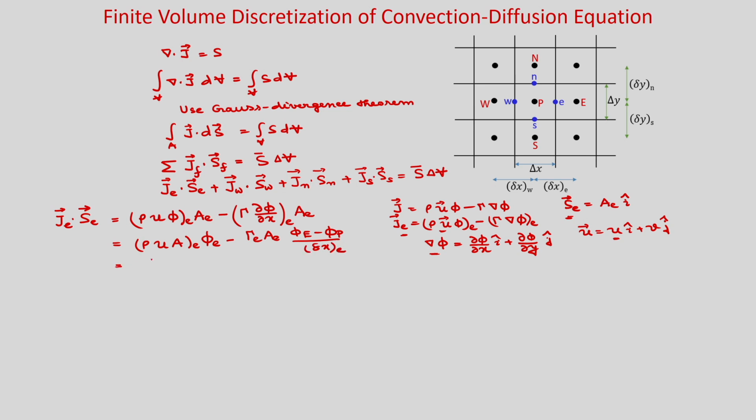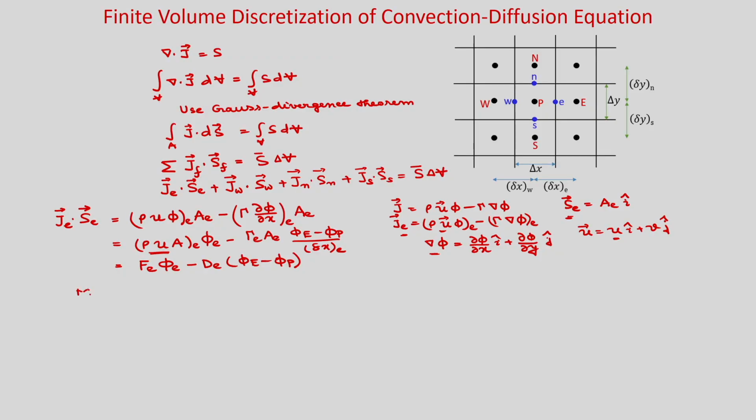Now this will be represented as mass flow rate F_e into phi_e, and gamma_e A_e by del x_e we will represent with D_e into phi_E minus phi_P. The last term you have already discretized in earlier lectures, but the first term we are now introducing with the mass flow rate F_e.